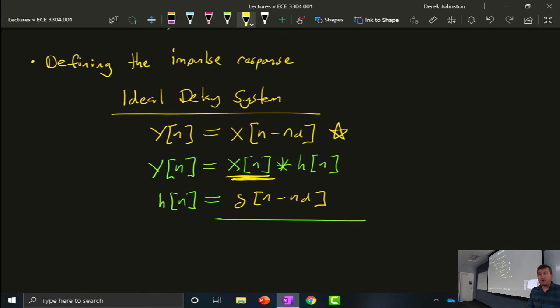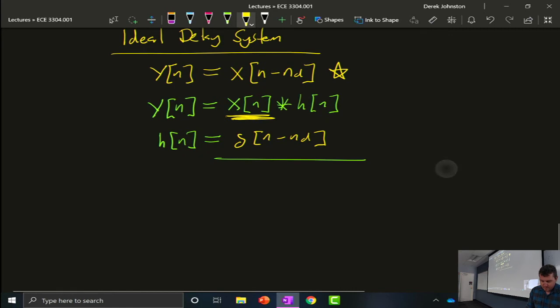So, for example, if I asked you to write a Python script for this ideal delay system, first you would have your convolution function that you're creating next week, and then you would just convolve it with a delta sequence that was shifted over by some amount, right? So we're always going to use delta sequences and just push them around a little bit.